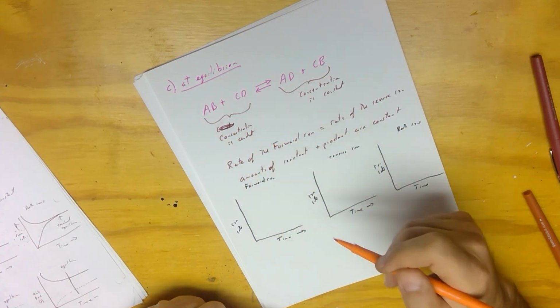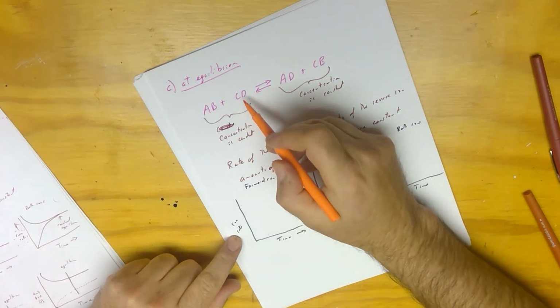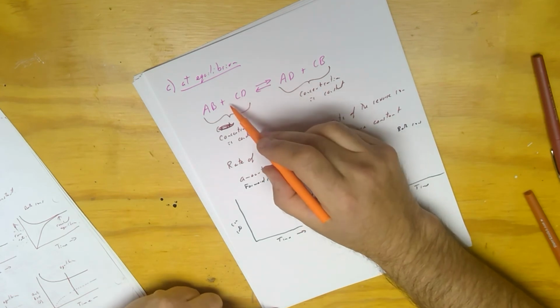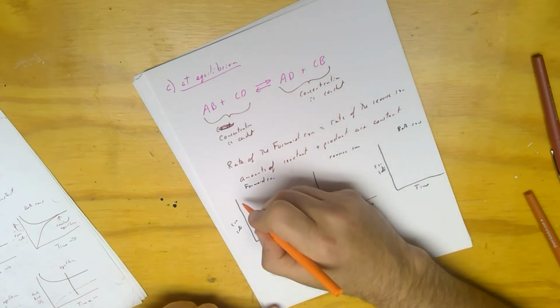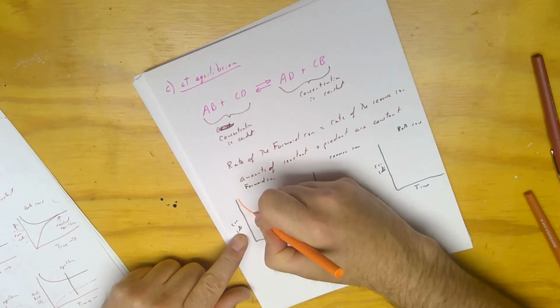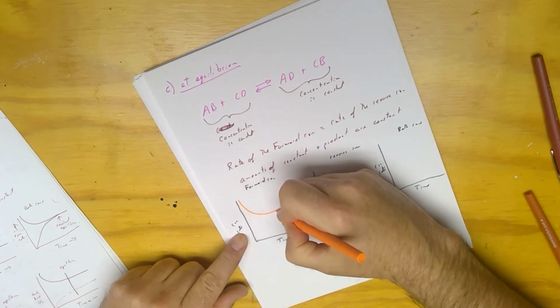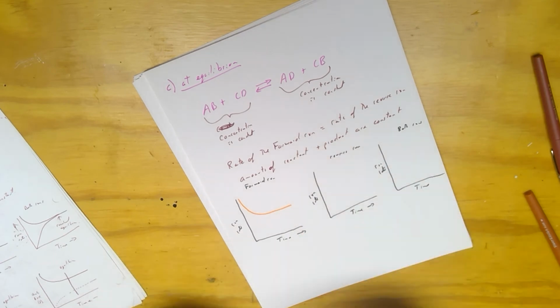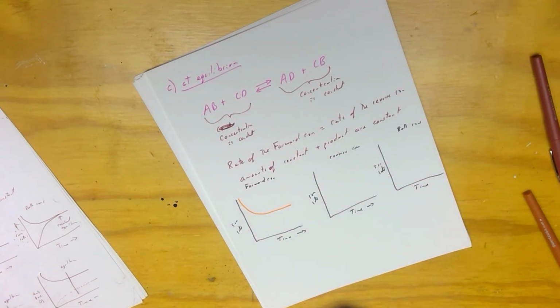So for my forward reaction, where did the rate start? Well, the rate started really, really high. It started way up here. And then it slowly went down, down, down, until it leveled off, and the rate stayed constant. All right. What did my reverse reaction do?